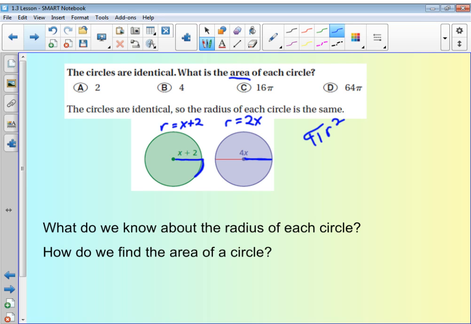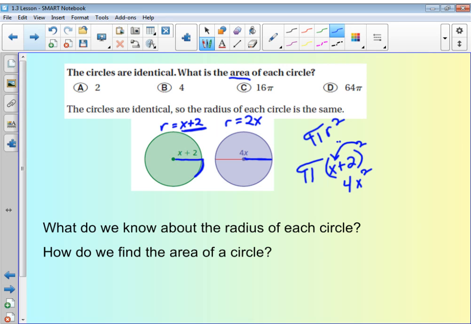So when we go through and we look at this, if I substitute in this where r is here, we have pi times x plus 2, it's my radius, squared. So we've got 2 squared is 4, x squared, right? Because really I have to apply this squared to both of these.